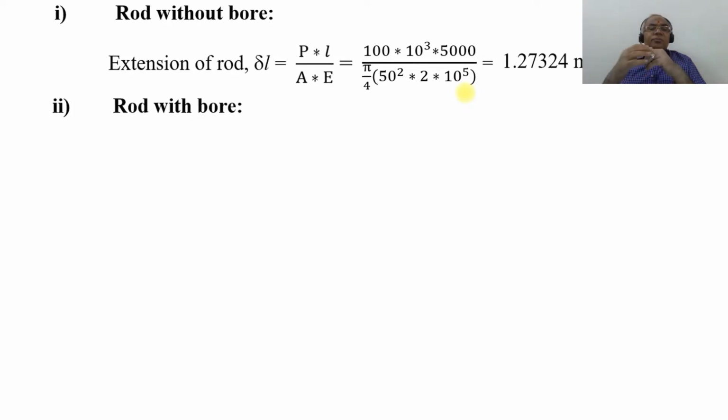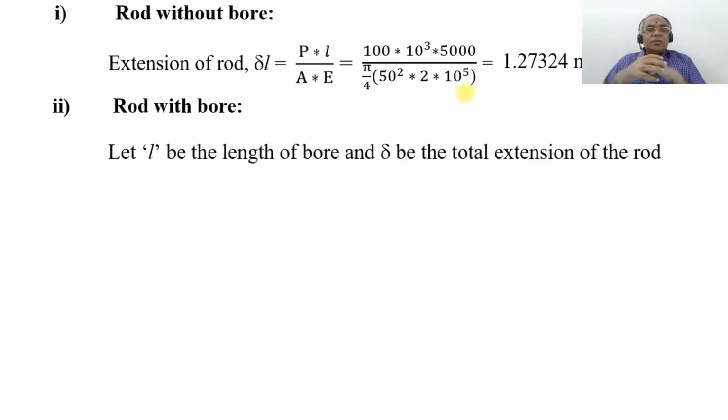Then we need to consider the rod with the bore. When considering the rod with the bore, let L be the length of the bore. That means we don't know to what length we need to bore, and delta be the total extension of the rod. What is the total extension?